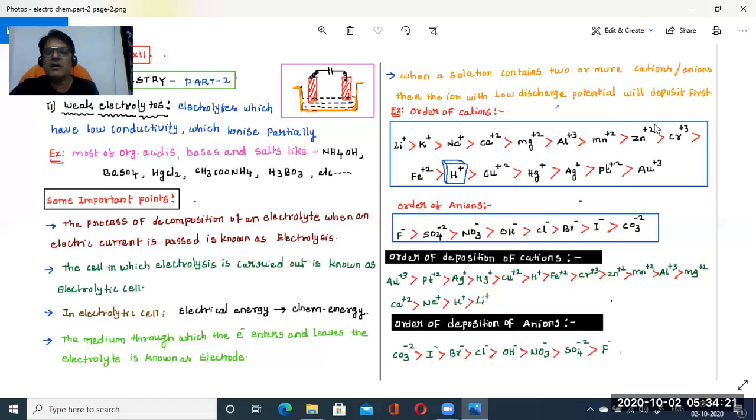Deposition is the opposite of this. Earlier I said lithium, sodium and magnesium, but it is the reverse. That means Au+3 can be deposited first. Compared to sodium and lithium, sodium can be deposited first; compared to copper+2 and sodium, copper+2 can be deposited first. For anions also it is the same.